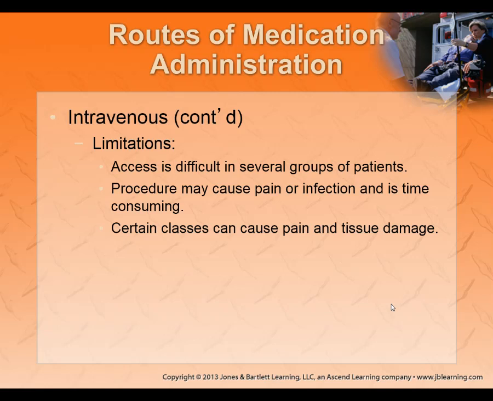We mix about 20 milliequivalents with 500 milliliters of fluid, and we give that over 4 hours. Because, one, it burns the patient's vein really bad. But two, we have to monitor the patient very closely because it can change their heart rhythm. So there are serious considerations when giving some things IV.